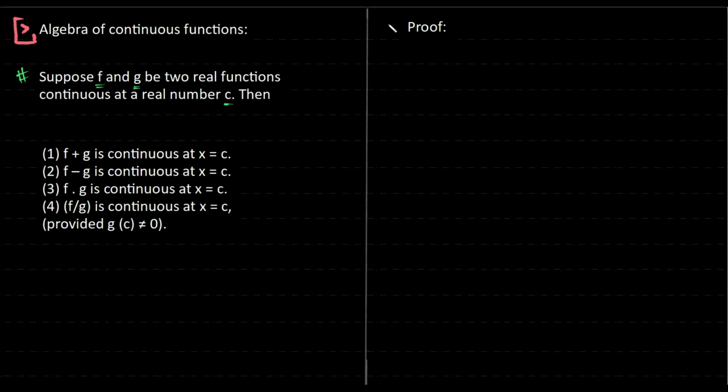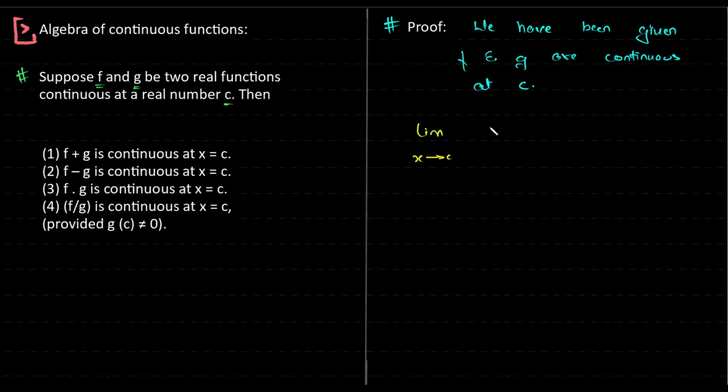Now, we have the proof in this manner. We have been given that functions f and g are continuous at c. Now, I'm going to apply the limit to the combination of this.